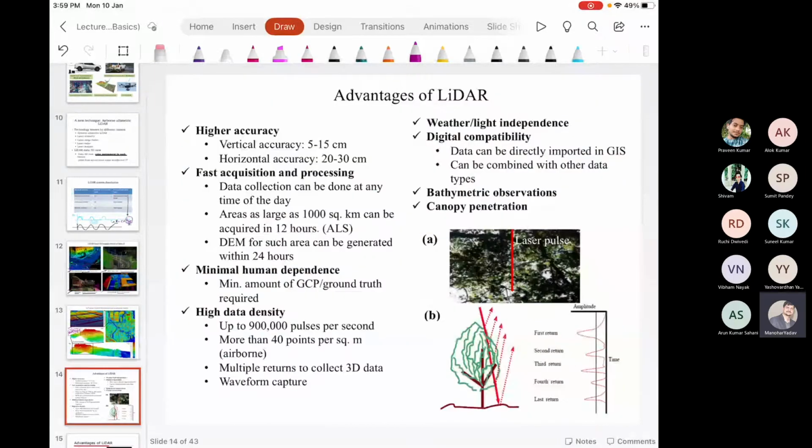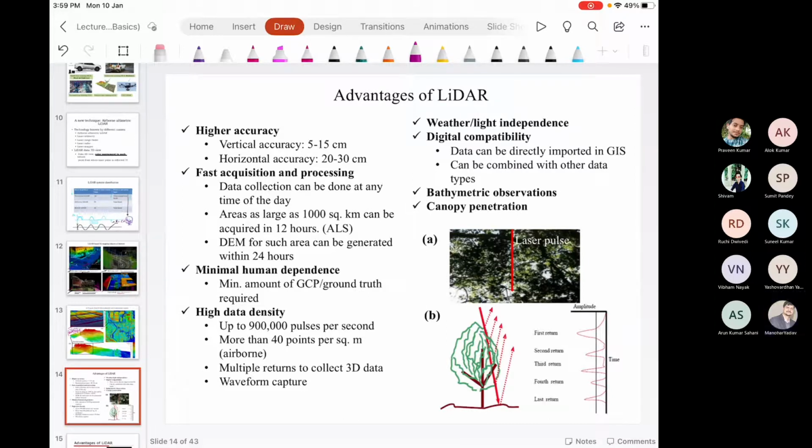Now we'll see some of the highlights from the advantage side. So using LiDAR, if we compare it with other remote sensing techniques, these advantages are highlighted mainly in the context of airborne LiDAR.